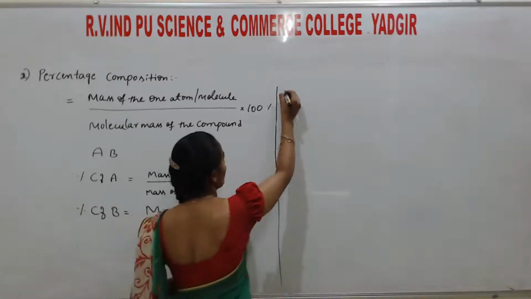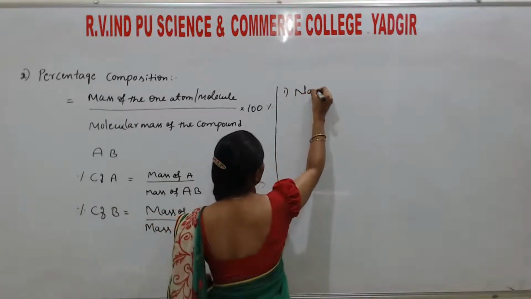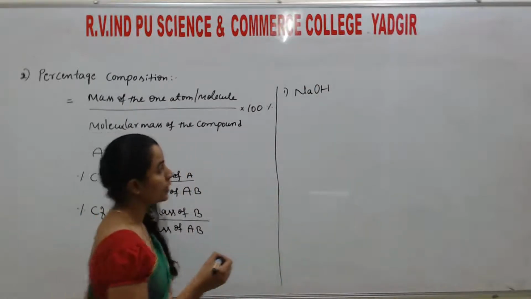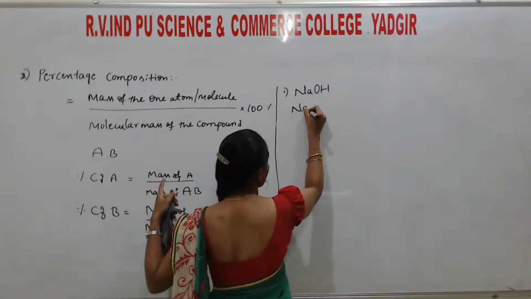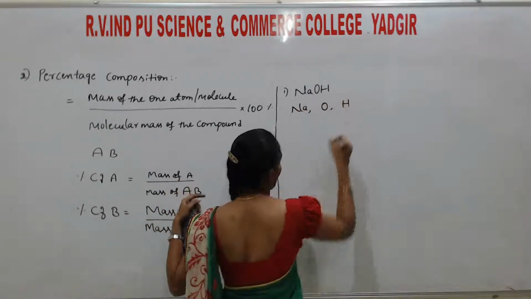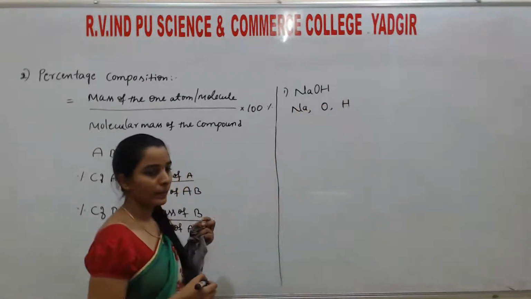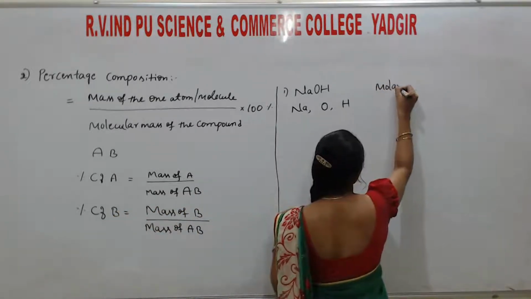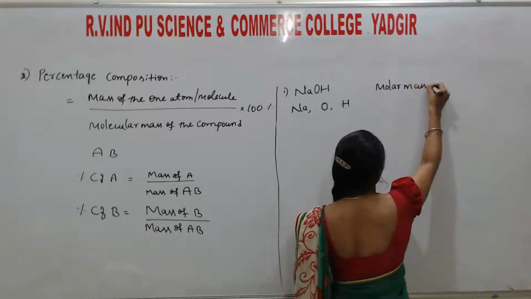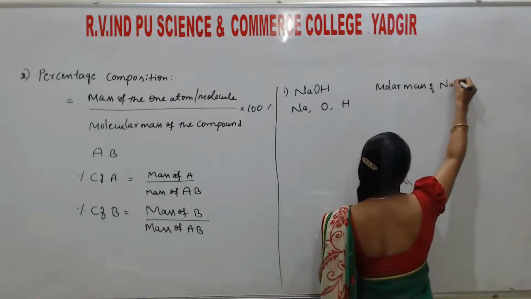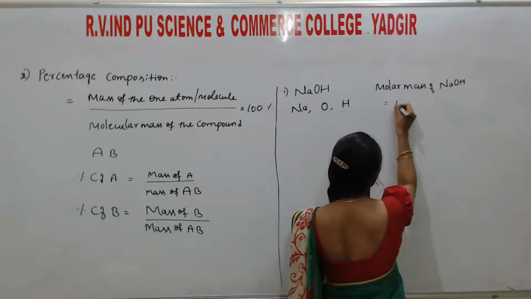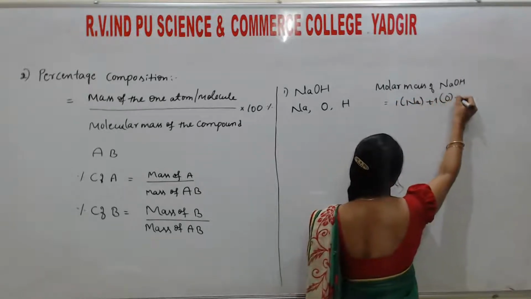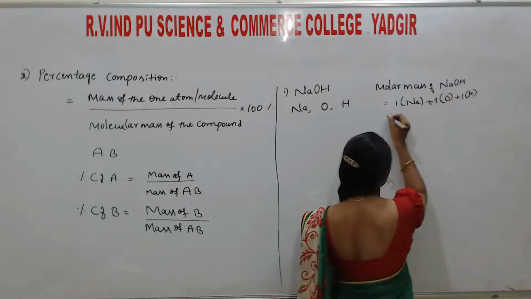First, NaOH. First you have to see how many atoms are there. Na is there, oxygen is there, hydrogen is there. So first you calculate the molar mass of NaOH, that is equal to 1 into Na plus 1 into oxygen plus 1 into mass of hydrogen.